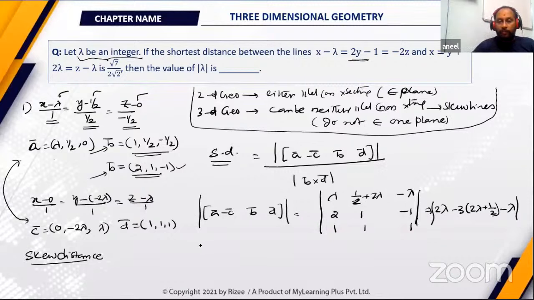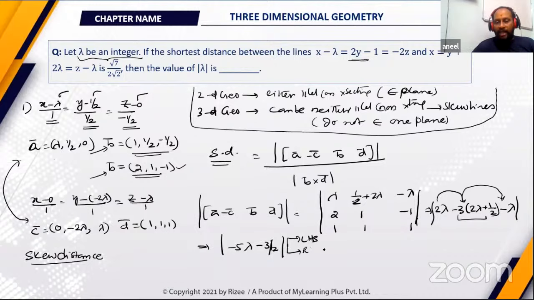So under modulus, 2 lambda minus 6 lambda minus lambda gives me minus 5 lambda, and minus 3 into half, which is minus 3 by 2. Please do not forget to keep the lambda, because our vectors can be in a left-handed system or a right-handed system. This is the numerator part we have found.